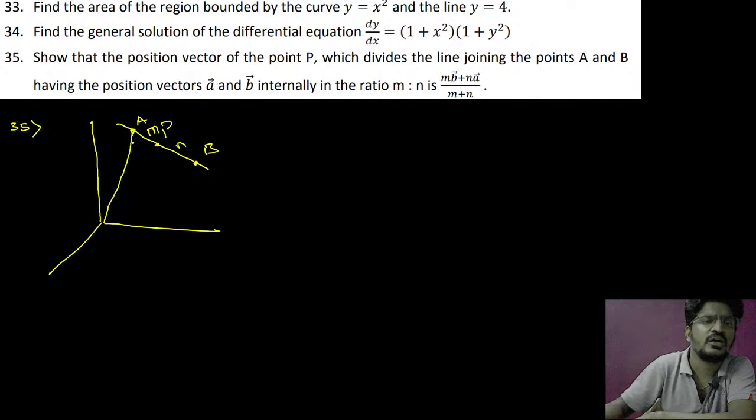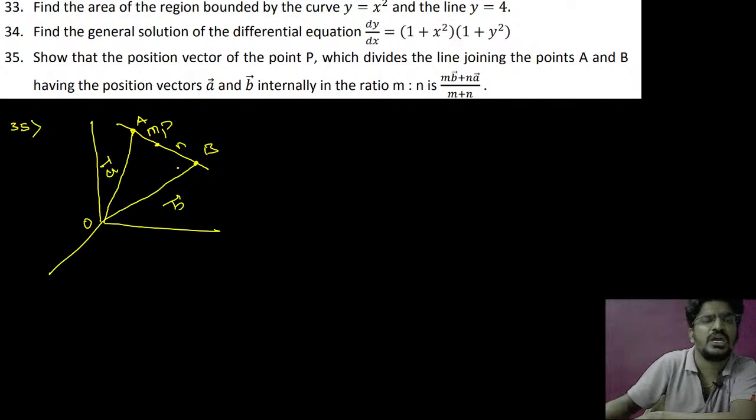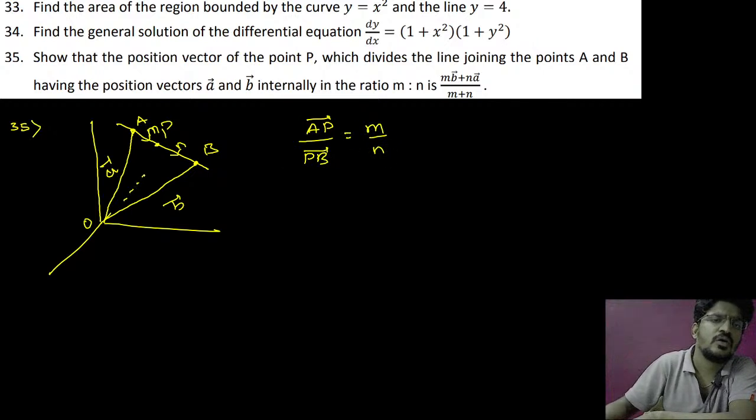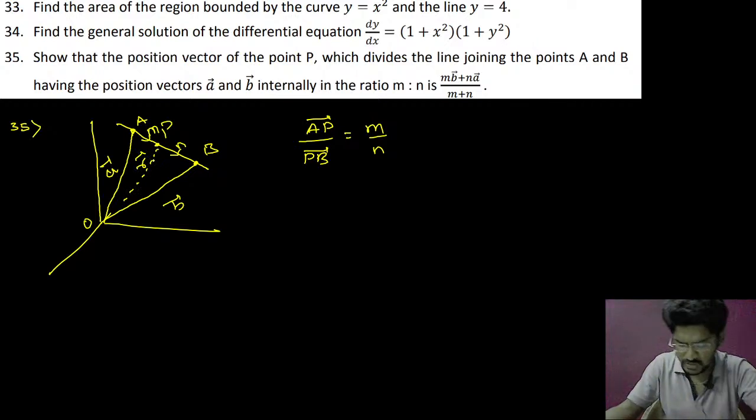Join O to A, that is vector A, join O to B, that is vector B. From the diagram you can just see that AP vector divided by PB vector is equal to m by n. Okay, now OP vector is vector R. Clear? In the previous question paper also we have solved this.